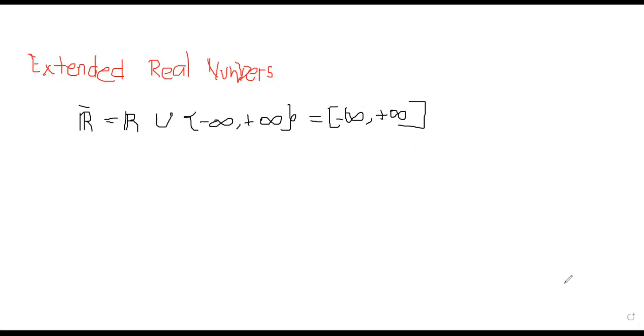Let's proceed now to our operations under extended real numbers. The operations still follow those of the set of real numbers, so we will focus on the cases where infinity is involved.